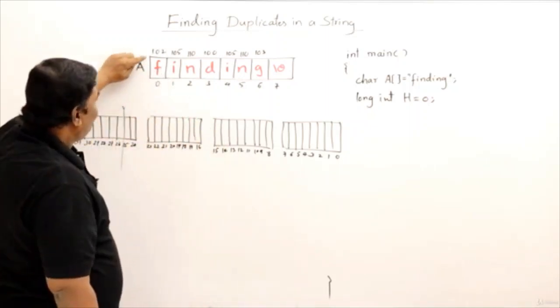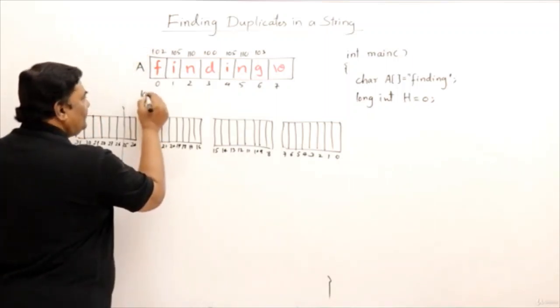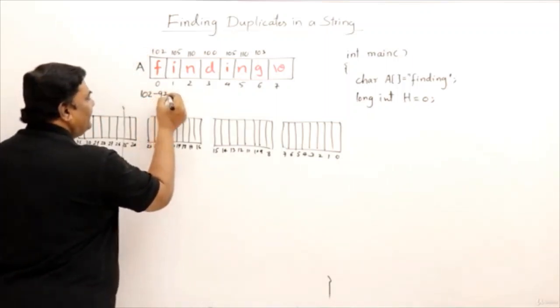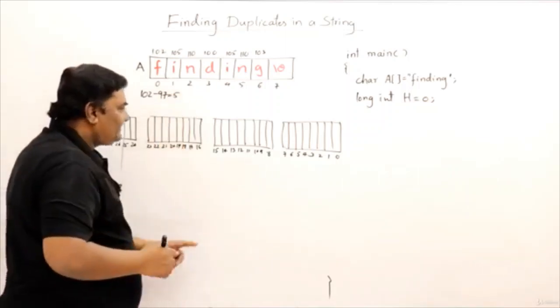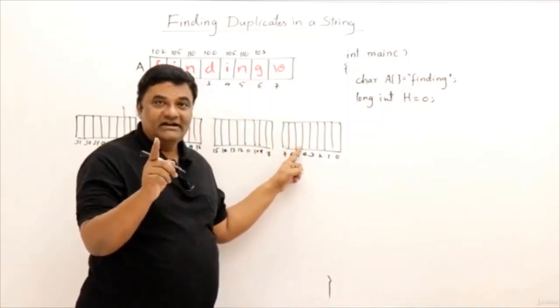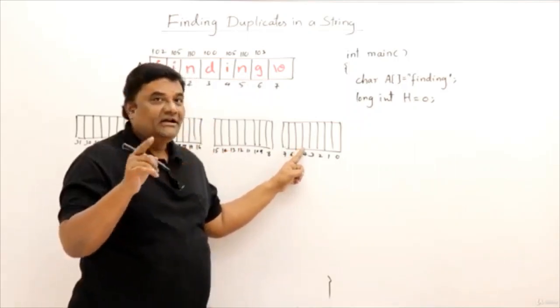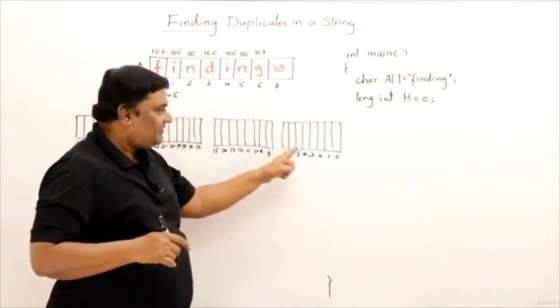The ASCII code of f is 102, right? So from 102, we subtract 97 and we get 5. So we'll set this fifth bit on. You remember in hashing we did the same thing: at the fifth index we were incrementing it. But now we will set this fifth bit on.